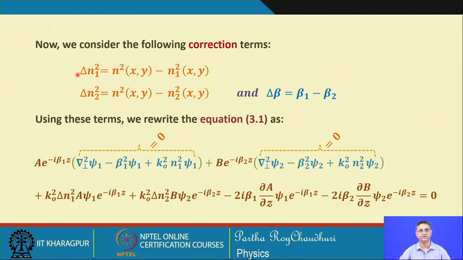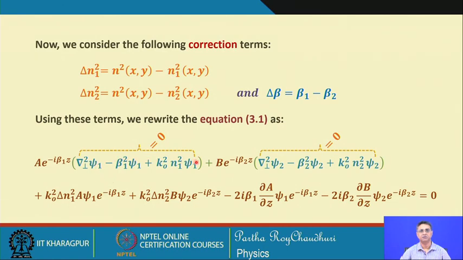So, we can treat this delta n 1 square as a correction to this quantity, and similarly delta n 2 square is a correction to this composite waveguide structure. So, using these terms we can rewrite this equation, and also we will use delta b, which is the difference between the propagation constants of the two individual waveguide modes.